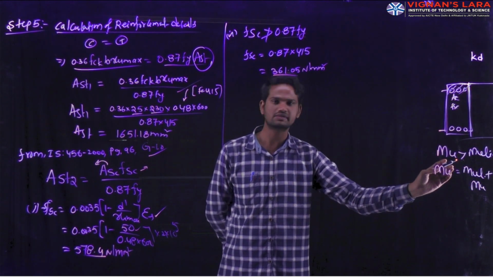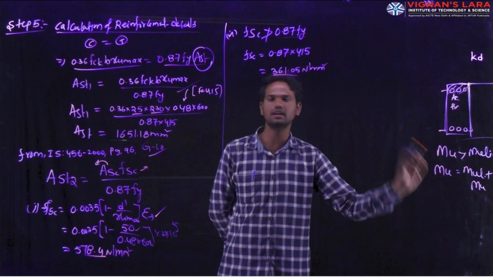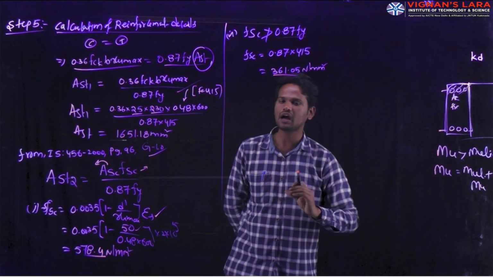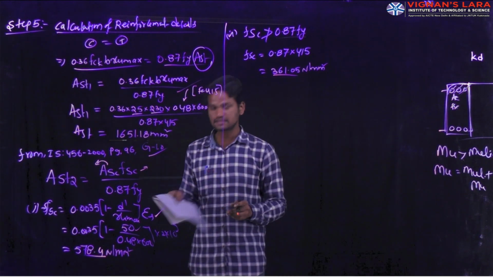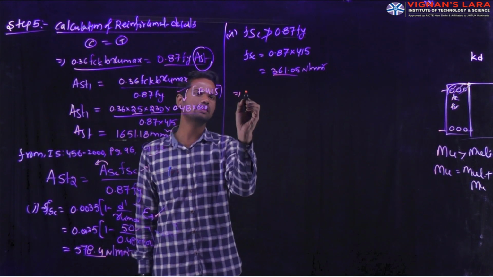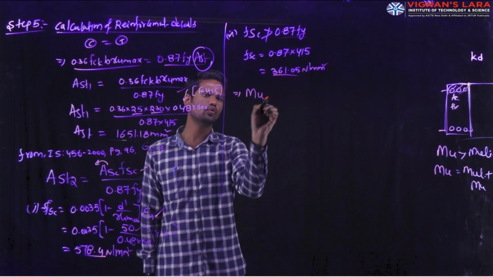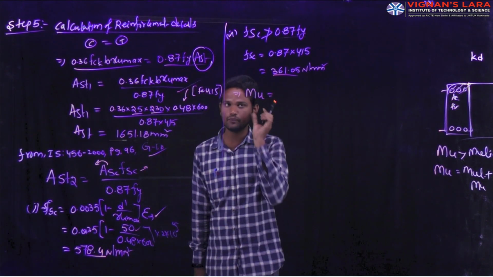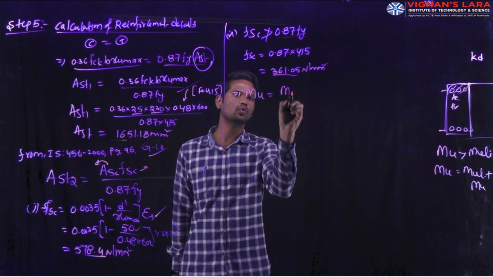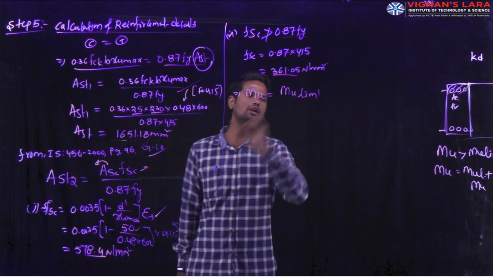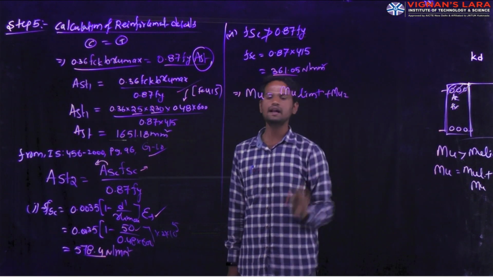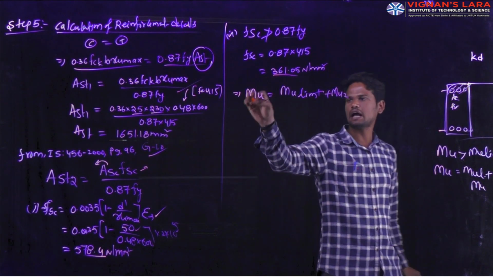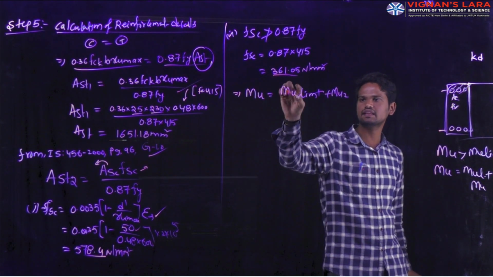If you subtract the limiting moment from the total moment, we can calculate how much additional moment is acting on the beam. The total applied moment Mu equals Mu limit, the limiting moment of the beam, plus this additional applied moment Mu2. Why? Because the total applied moment is greater than the limiting moment.